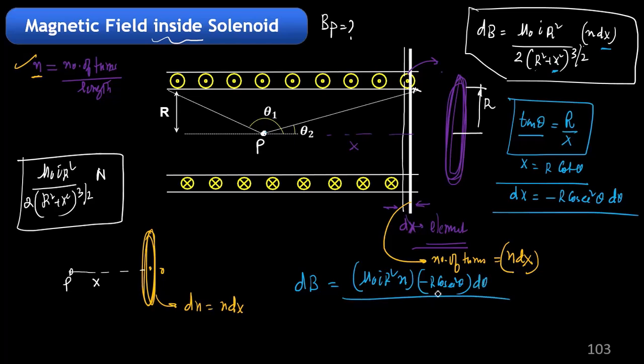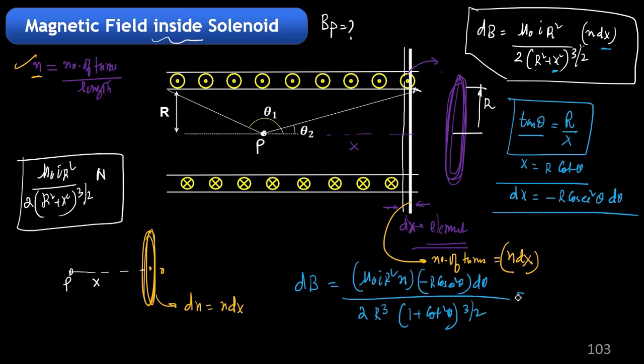And the denominator gives 2 times R cube into 1 plus cot square theta whole to the power 3 by 2. 1 plus cot square theta is cosec square theta, so cosec square theta whole to the power 3 by 2 means cosec cube. So cosec square will cancel out, and ultimately we are left with 1 by cosec theta, that is sine.